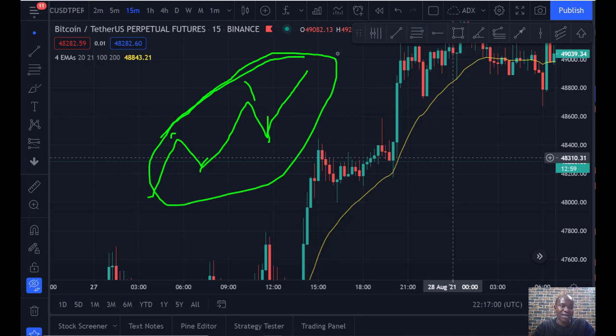Most times it can be extended, but once the market is just starting, you just need to watch it and protect your profits as the market is expanding. So you can see if you entered here, you can just watch. This is 1, 2, 3, 4, 5.